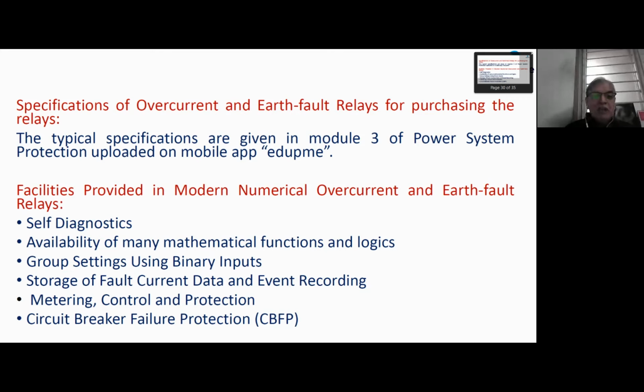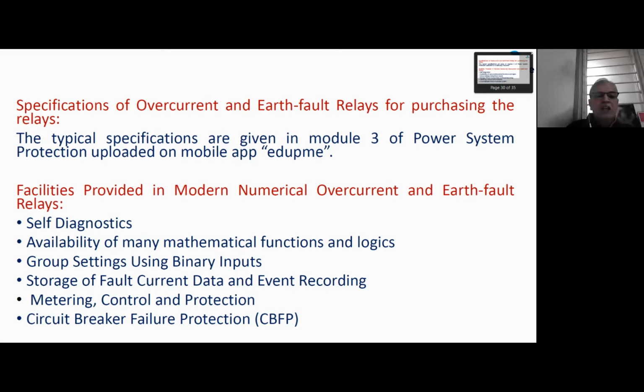Another important thing: metering, control and protection. Not only is protection much better than electromagnetic relays or static relays, but metering is there. The relay will measure current, voltage, power, reactive power, energy, power factor, negative sequence current, zero sequence current, many quantities. You don't need separate meters.